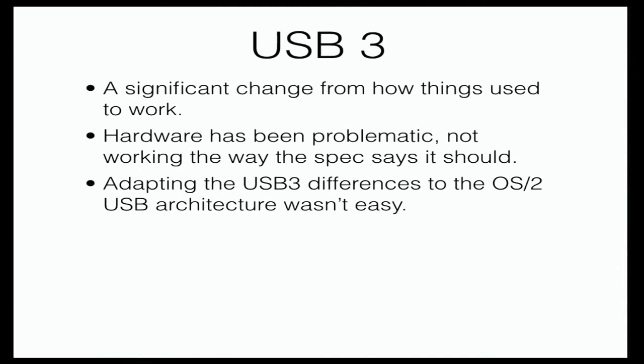Plus, the way USB 3 wants to do things is different than the way USB 2 used to work. So things change quite a bit. It's a lot of work overhauling the entire stack, including the USB 1 and the USB 2 drivers.